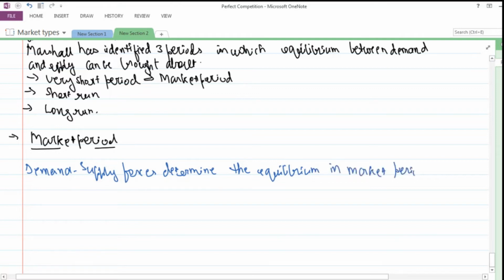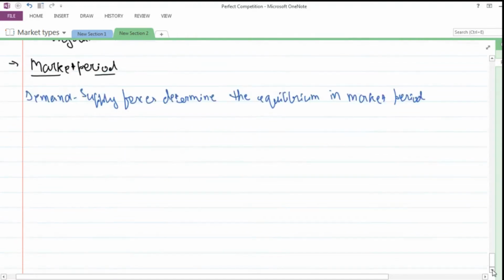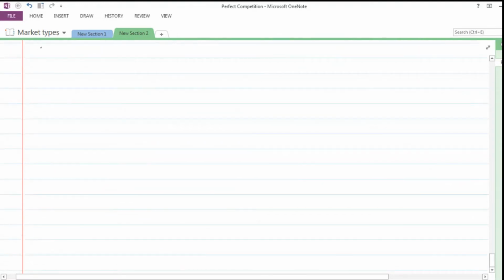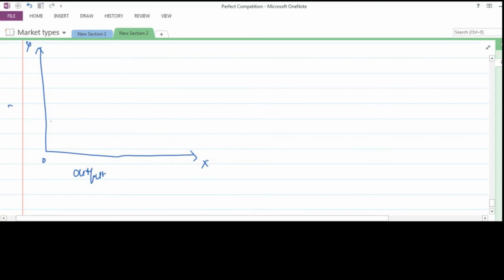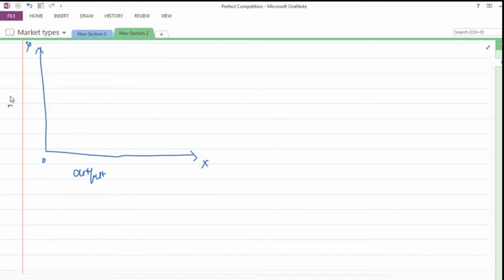So for example, if we draw a figure wherein on the x-axis we have output, and on the y-axis we have price.